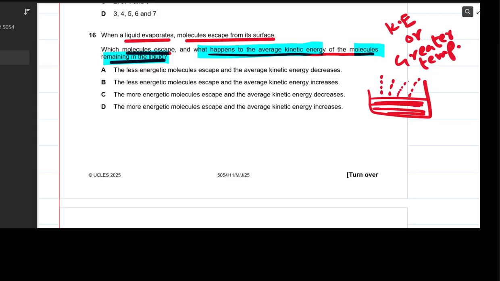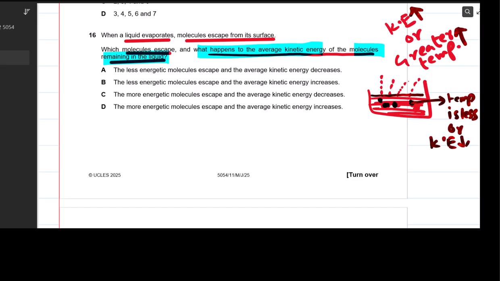And what about other molecules which are present now, which are still there? What happens? Their temperature is less, or you can say kinetic energy is less. So here kinetic energy and temperature is greater, at this top of the surface. So less energetic molecules escape?